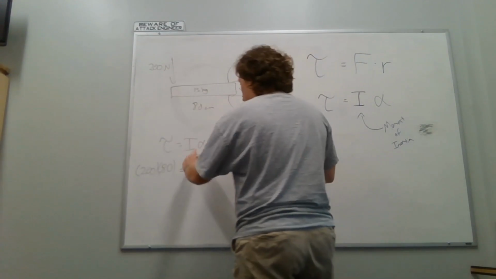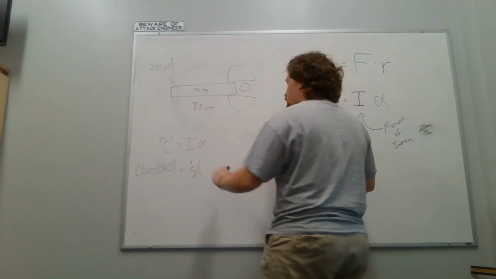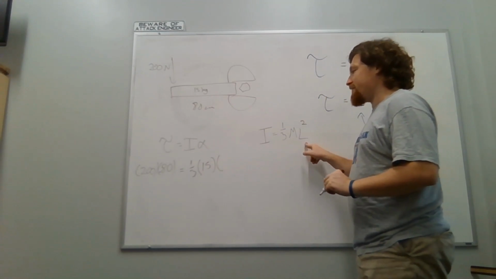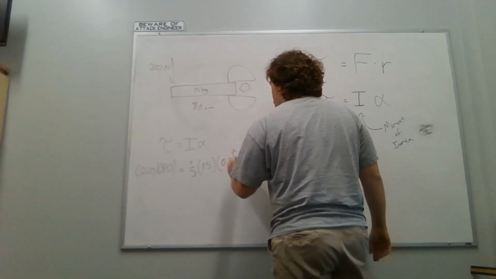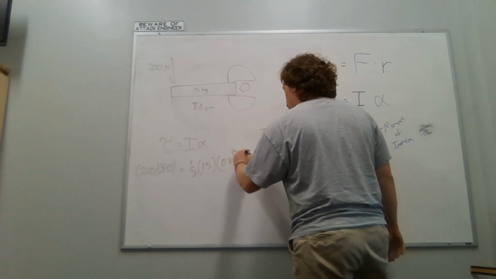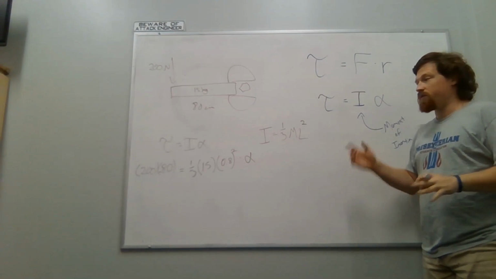So, for I, we can plug in 1/3 times its mass, which is 15 kilograms, times its length. Its length is 80 centimeters. That's going to be 0.8 meters, and that term is going to be squared. And then the only term left is our acceleration. It's the only one left.